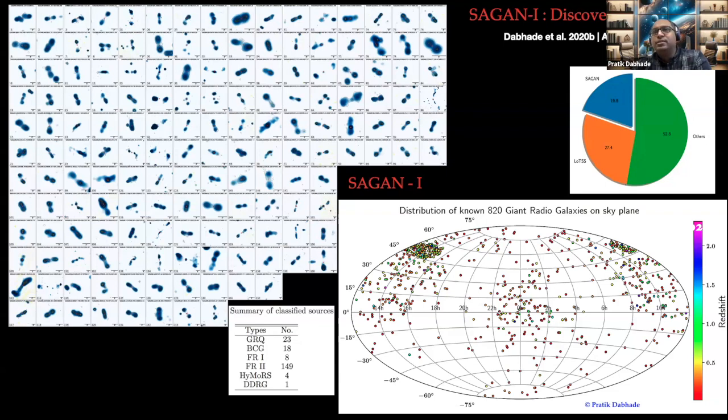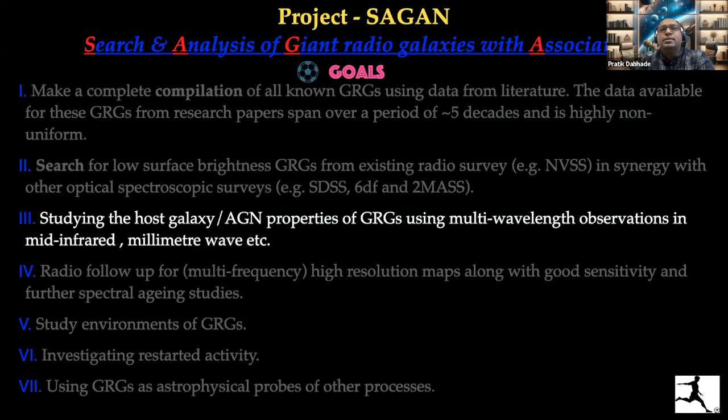So our first step was realized here, that we now have not just 300 but almost 1,000 sources for which we can now acquire multi-wavelength data to study their host properties, to understand whether their AGNs are really exceptional to grow these radio galaxies to large scale.